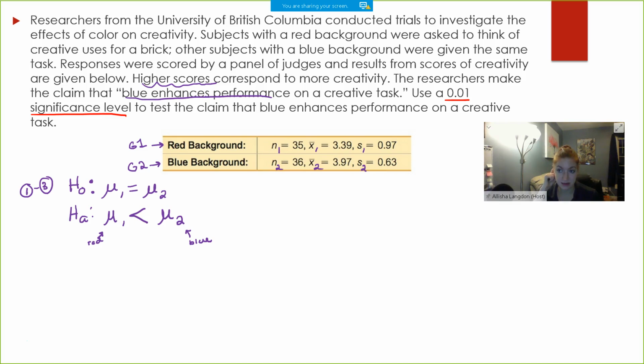Does that make sense? So blue is more creative. That's the claim. Blue is more creative, meaning it has higher scores. So this number over here that corresponds to blue should be bigger than red. So less than indicates that red is going to be smaller than blue. Does that make more sense?